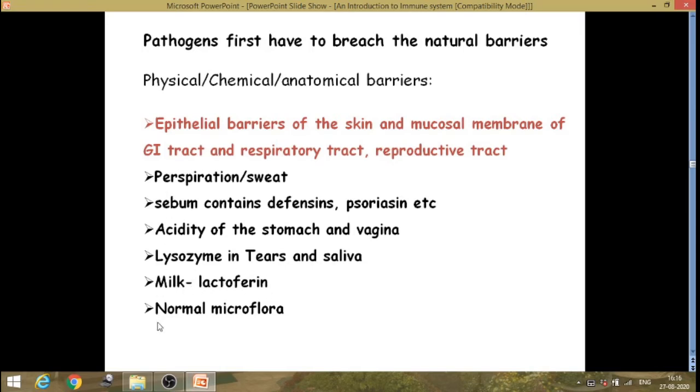Last but not least, we have normal microflora, which gives strong competition to foreign pathogens and hence gives us protection against infections. So these are all the physical, chemical, and anatomical barriers which give us the first line of defense against foreign pathogens.